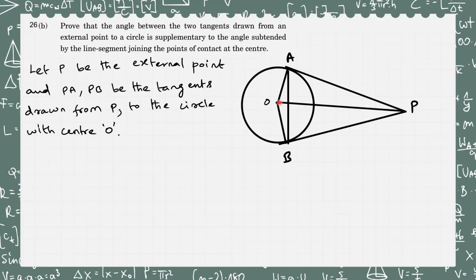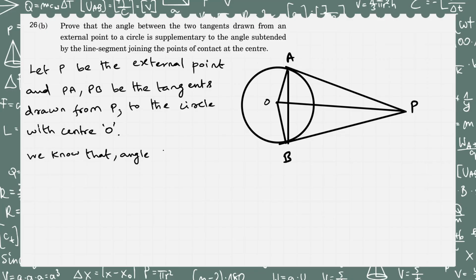In the same way, PB is a tangent and OB is the radius, so angle OBP is 90 degrees. We know this by the theorem, and we always have to mention the theorem which we are using without fail.